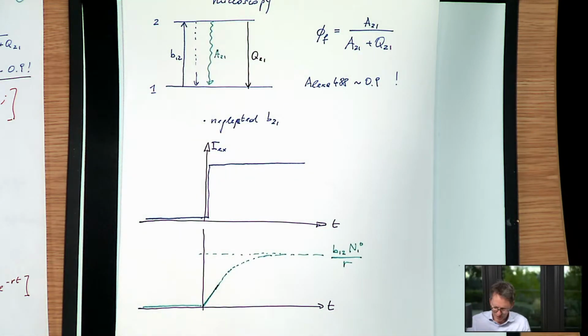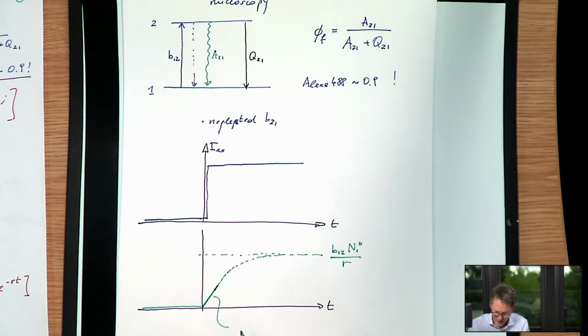And if I look at this initial linear region, for very small times, the initial growth is linear, and it grows as N1 naught times B12 times t.